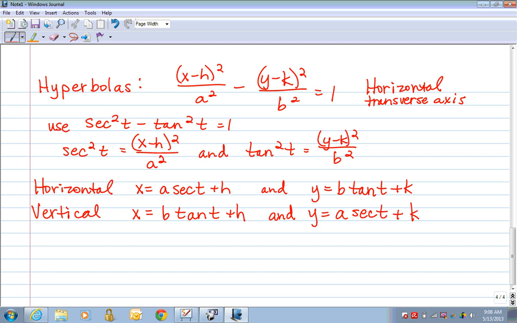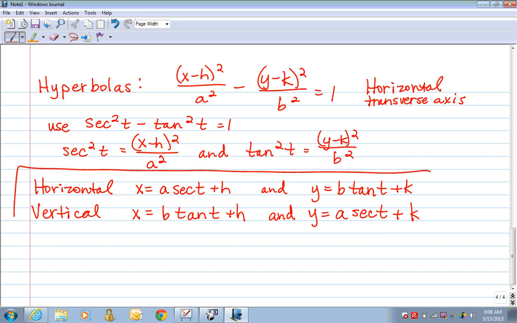So we always have the b with the tangent and the a with the secant, but you notice that the x and the y values are switched from where they're located. But remember again, the x and the h are together, the k and the y are together in those equations.